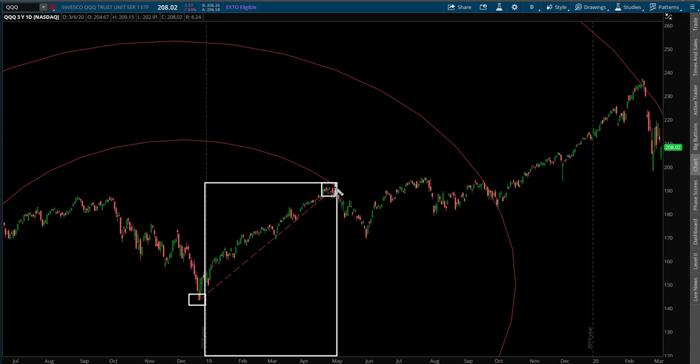And then it'll pull those spirals, those arcs, in closer and closer, so that you have the potential to catch more swing highs and swing lows. So that's just a little extra thing for you to look at and experiment with.